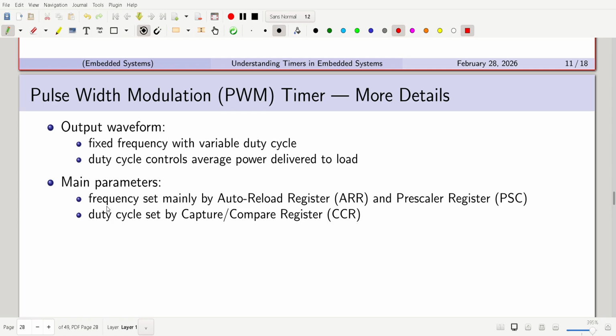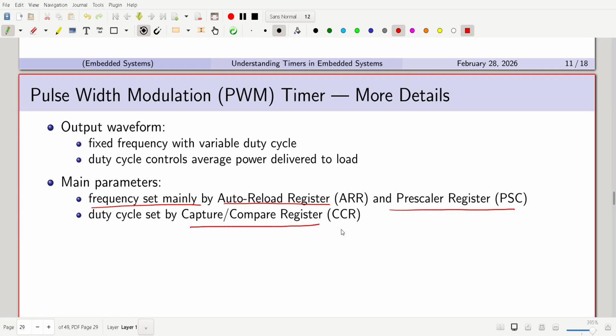The main parameters of PWM: frequency is set mainly by the auto reload register and the prescaler register, and the duty cycle is set by the capture compare register. So various registers are used in this case.